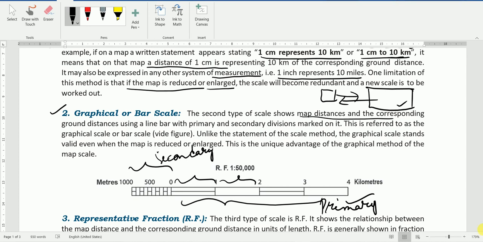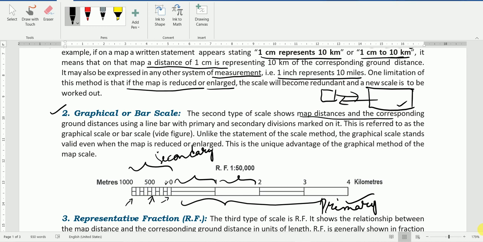And on the secondary section you'll find subdivisions of the kilometers, represented in terms of meters. Up to here is half a kilometer, that is 500 meters, and this is 1 kilometer. That means 1000 meters is equal to 1 kilometer, and these are the fractions.